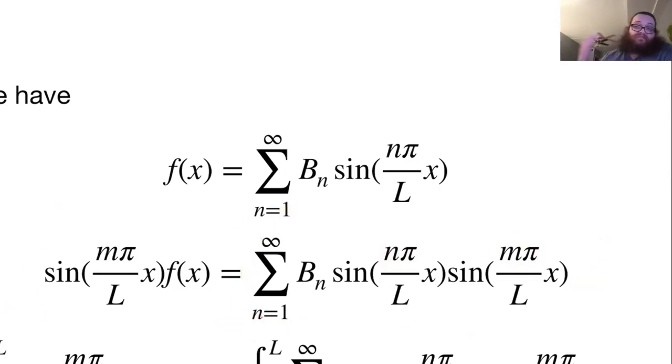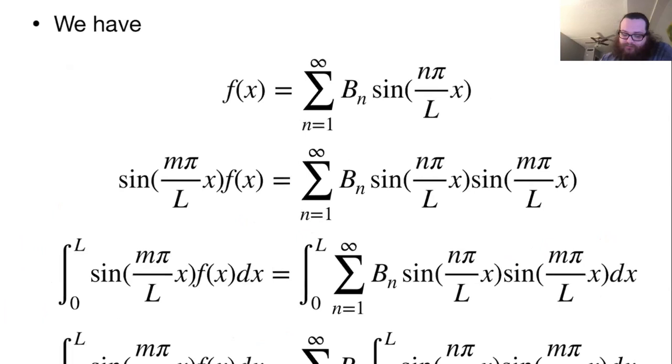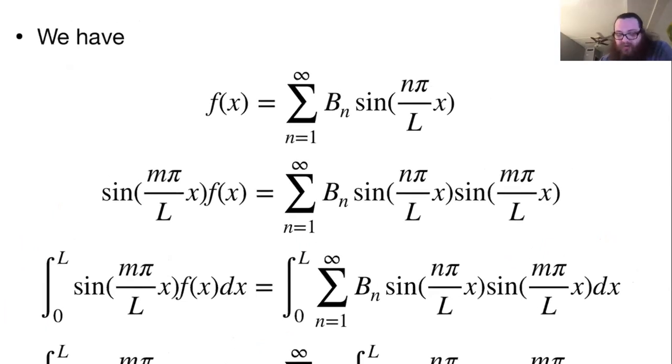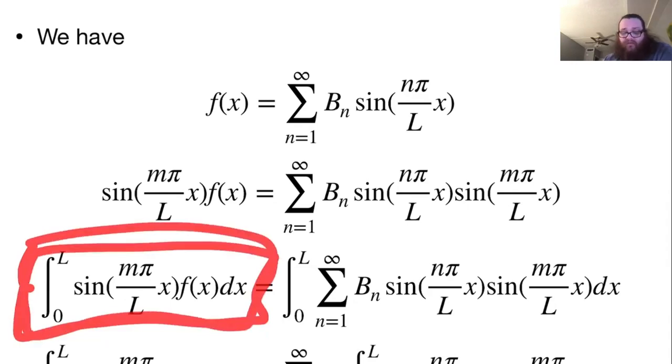So here's where that integral trick is coming into play. On the left-hand side, we get this integral, which without knowing what f of x is, there's not a whole lot we can do. This is pretty much the final form for the left-hand side.